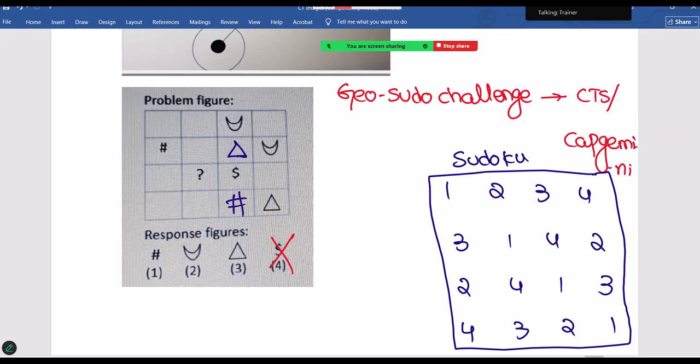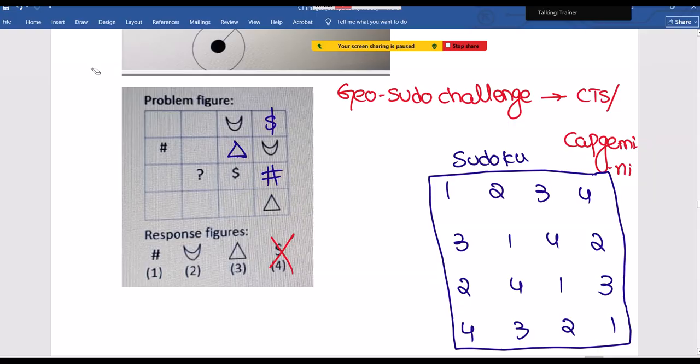Next, dollar. If dollar cannot come here, dollar must be here. Then this will be what symbol? Hash. So hash cannot come here. I no need to fill this many in exam. I'm just giving you certain logics here.